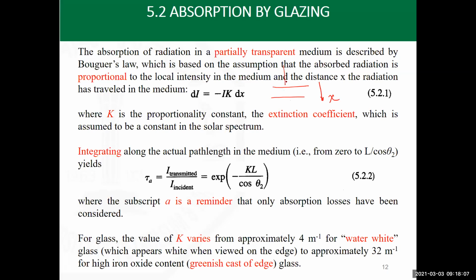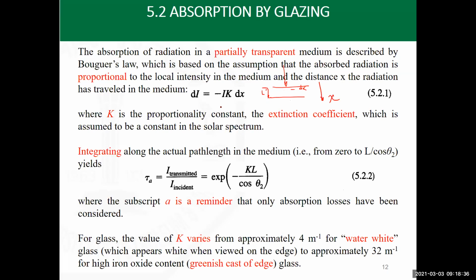As the radiation is falling here, we take a dx and see how dI, the change of the radiation intensity, changes. It is integrated from x equal to 0 up to L, which is the thickness of the glass.